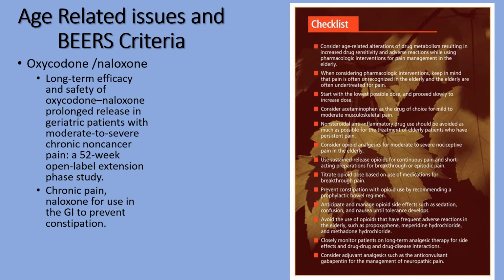I just thought that was interesting because putting these two drugs together seems like a bit of a paradox, yet it seems like it actually works well. And it's good to see that pharmaceutical companies are being innovators, looking for different ways to treat pain management in our geriatric population.